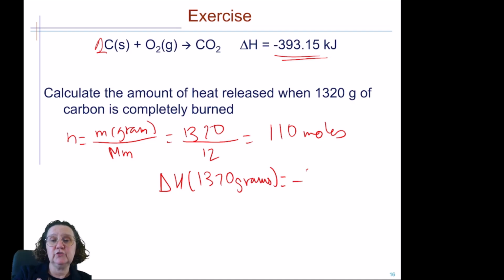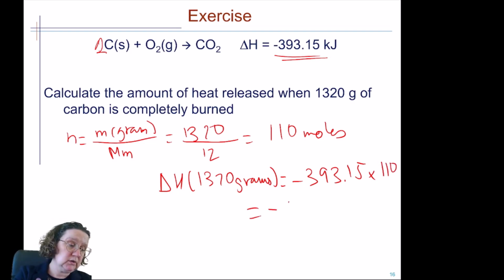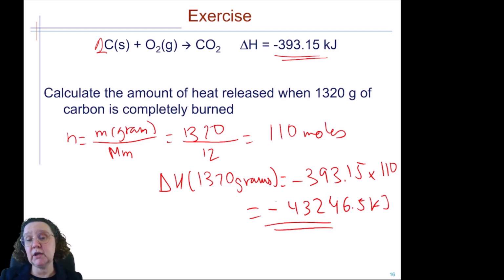Well, minus 393.15 times 110. And that is minus 43,000 and a bit. Again, I need to remember the minus sign because it's an exothermic reaction and that hasn't changed. It's just that now, because I'm burning more moles of carbon, I get more energy.